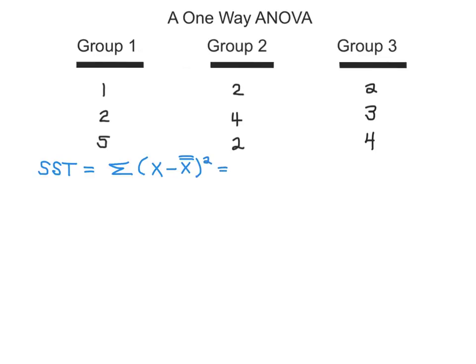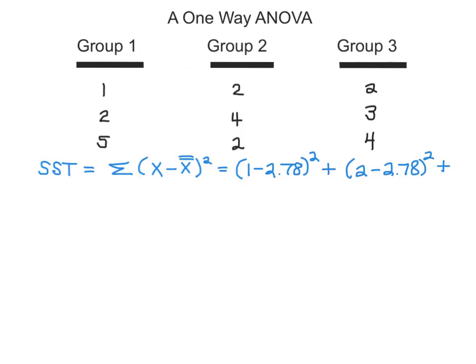For each value, starting with the first value, which is a 1, we take the value and subtract the grand mean, which is 2.78. We take that difference and square it, and we're going to need to do this 9 times. So our next value will be 2 minus 2.78, and square that.